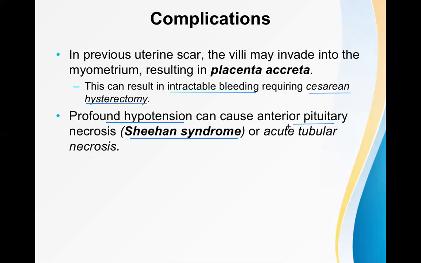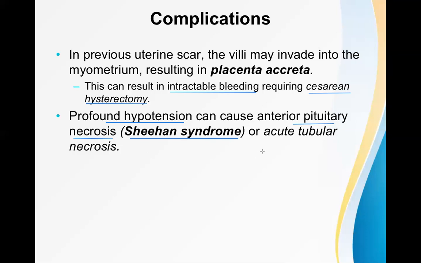It is much larger than normal. So there is relative ischemia, and that relative ischemia leads to necrosis. This is known as Sheehan syndrome. Never forget this. Very important question in many MCQs and clinical problem solving questions in the exam.